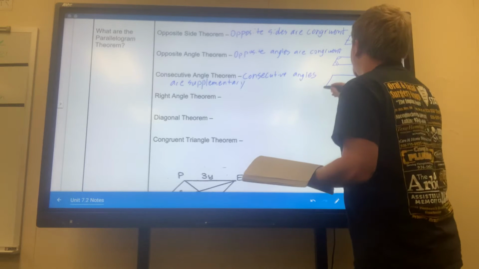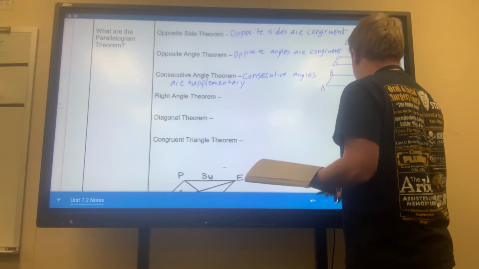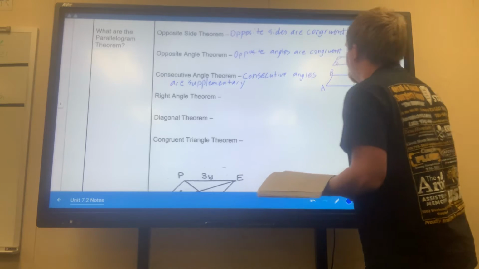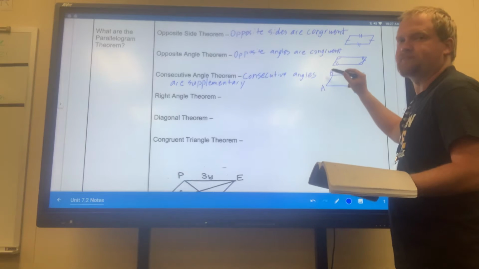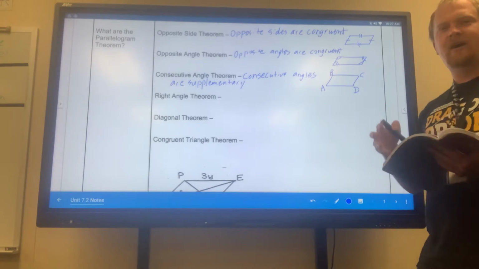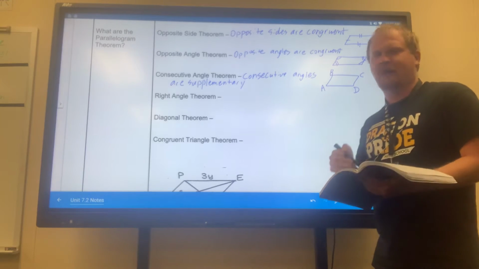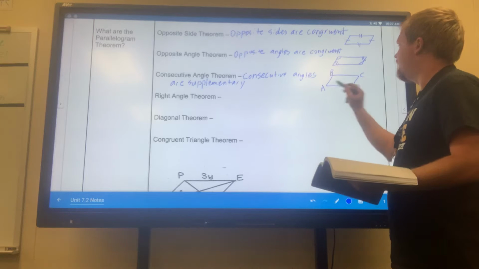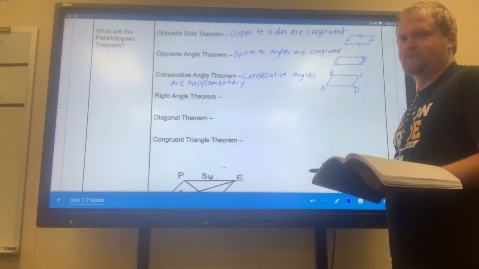So that means if I look at this, not only is A supplementary to B, but A is supplementary to D as well. So any type of consecutive angles, which we mean back to back, they're going to be supplementary to each other.